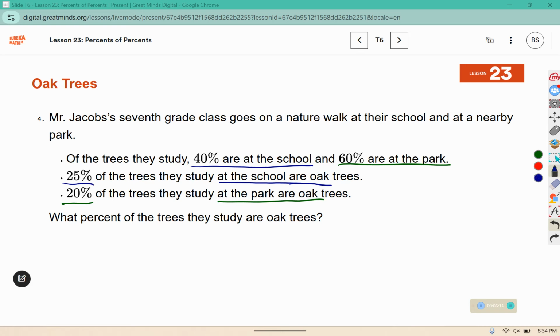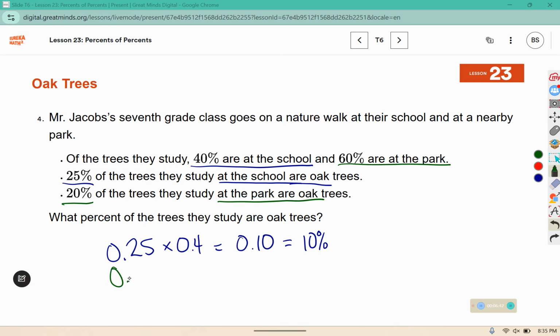So let's start by looking at the trees at the school. 25% of the 40% are oak trees. So that is 10% from the school that are oak.